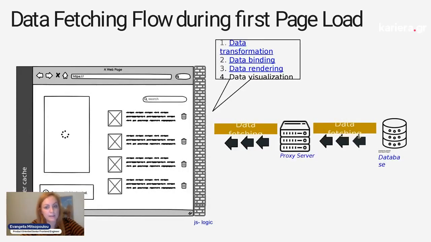Data rendering, the third sub-process I'm explaining, is the phase during which we convert the code we just described, this HTML-like syntax, into actual screens in the browser. Data rendering is a complex phase behind the scenes.